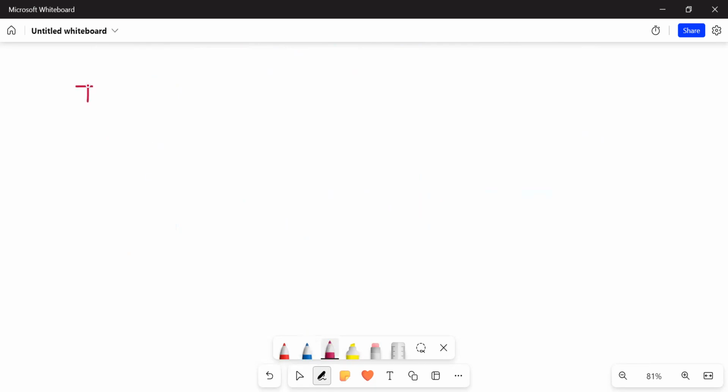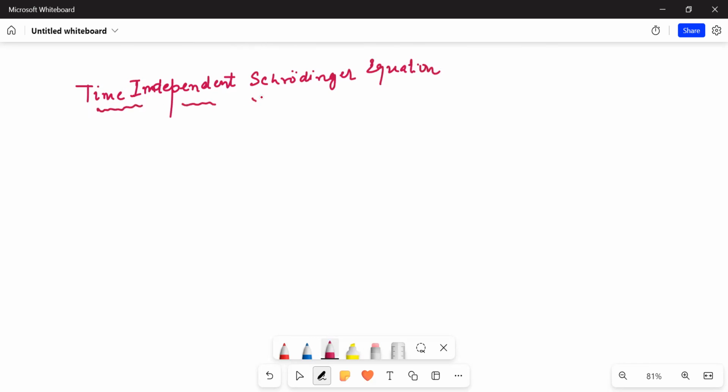We were doing something called the time independent Schrodinger equation, and in that we wanted to find psi as a function of x.